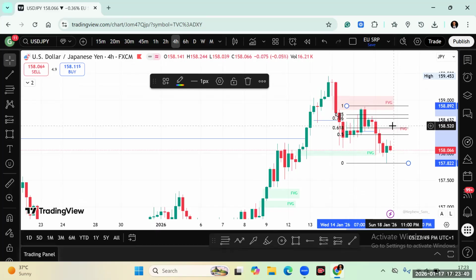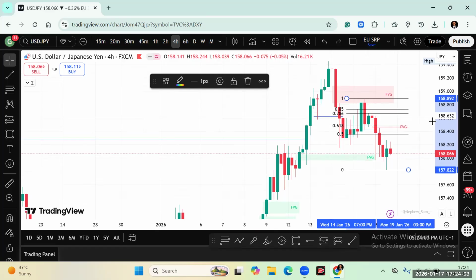There's a fair value gap at 0.6. So I'm expecting it to come up there, and then from there, with confirmation, it will sell. Any sell here is risky, but if the market gives us strong confirmation, we can try this. That's what I'm seeing here.